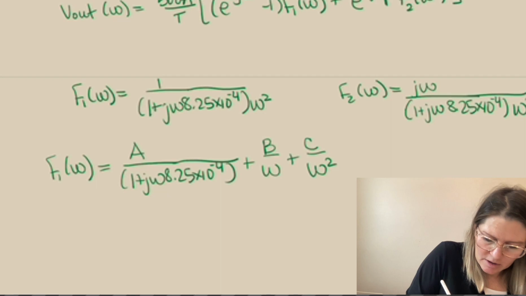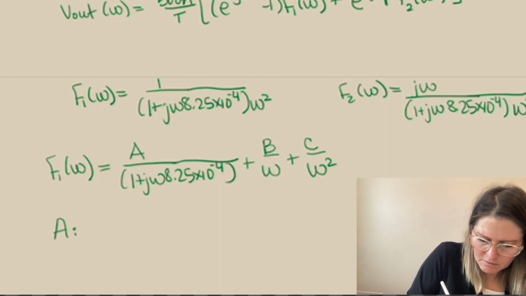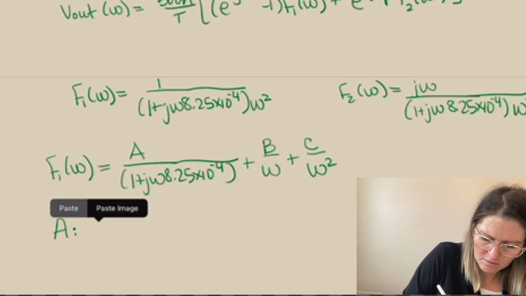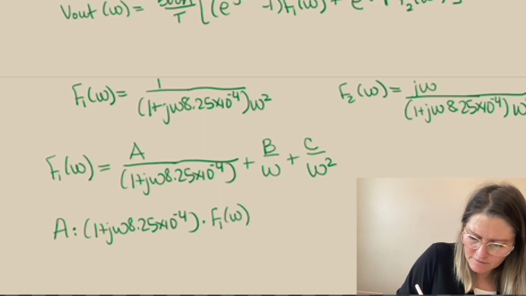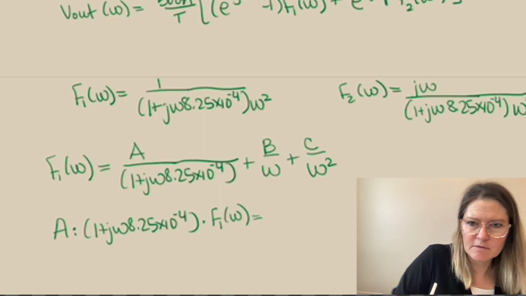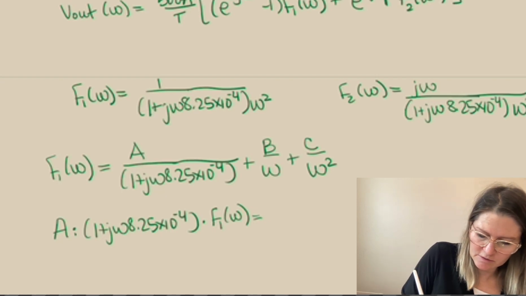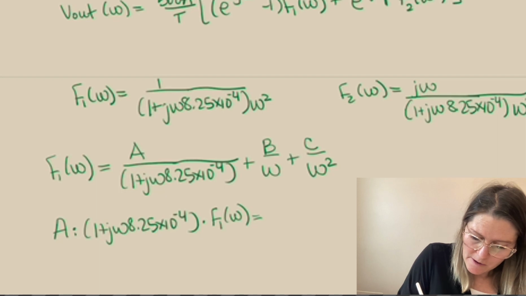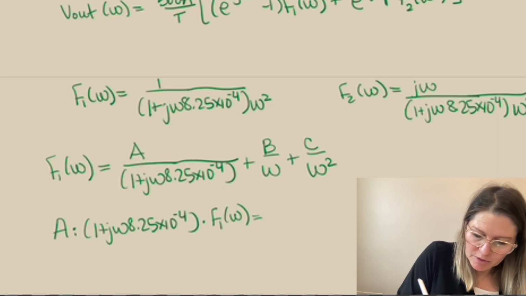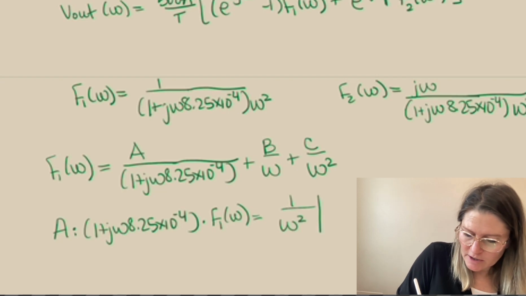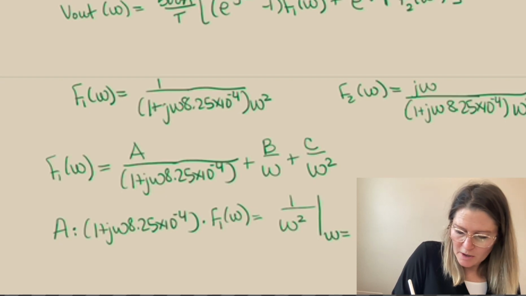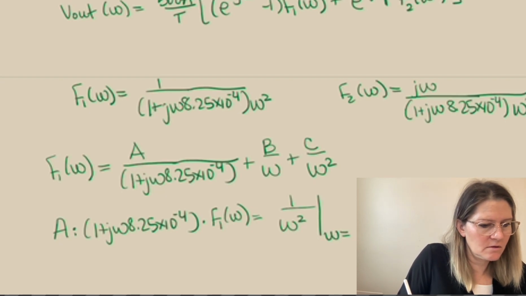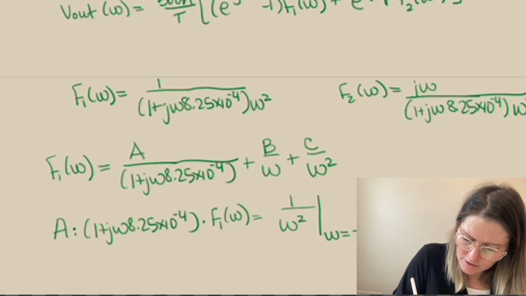And so A is going to be this quantity times F1 of omega, evaluated at omega equal to the root of that. When I multiply this, I just end up with 1 over omega squared, and then I'm going to evaluate it at minus 1 over j 8.25 times 10 to the minus 4th.